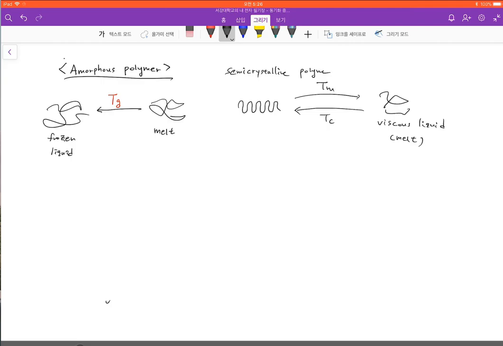Above Tg, amorphous polymer becomes a somewhat melt-like structure. But the overall microstructural polymer chain structure is similar. They experience thermal expansion, so basically they show volume change.